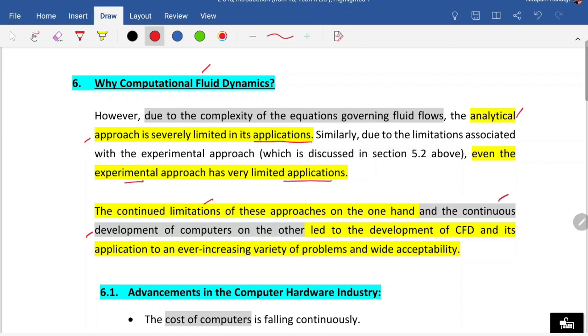The development on the computer side has been very, very fast, swift and significant. As a result, CFD is finding application in an ever increasing variety of problems and wide acceptance. CFD is becoming more and more dominant because of the many changes occurring in computers. Computers have overshot the experimental approach and the analytical approach. So people have moved towards it.